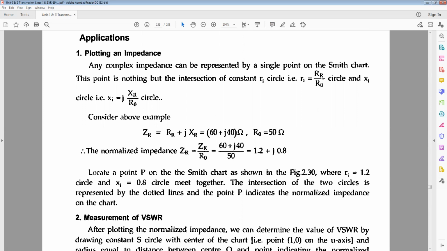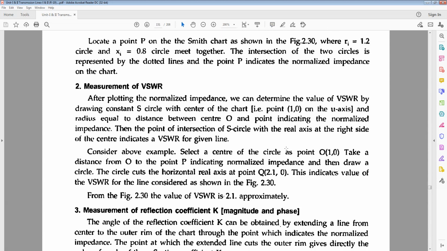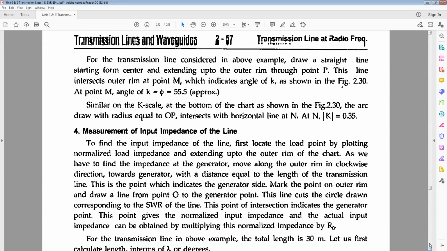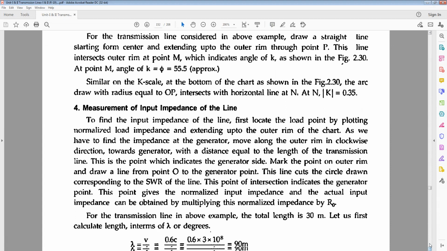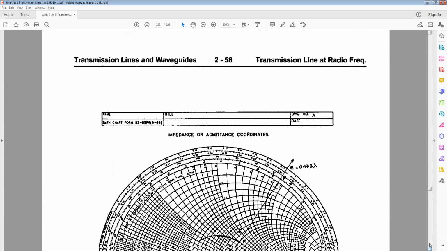ZR is RR plus j into XR. As a normalized impedance, it is 1.2 plus j into 0.8. This is above the bottom line. And we can find the reflection coefficient and the input impedance of the line by using the Smith chart.